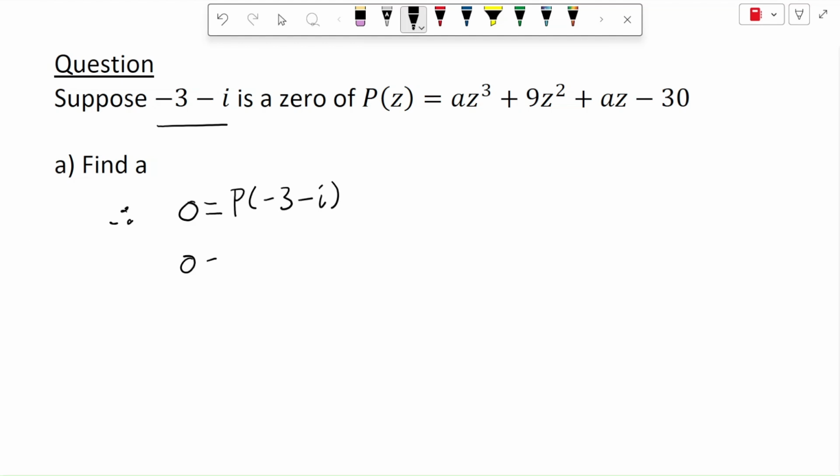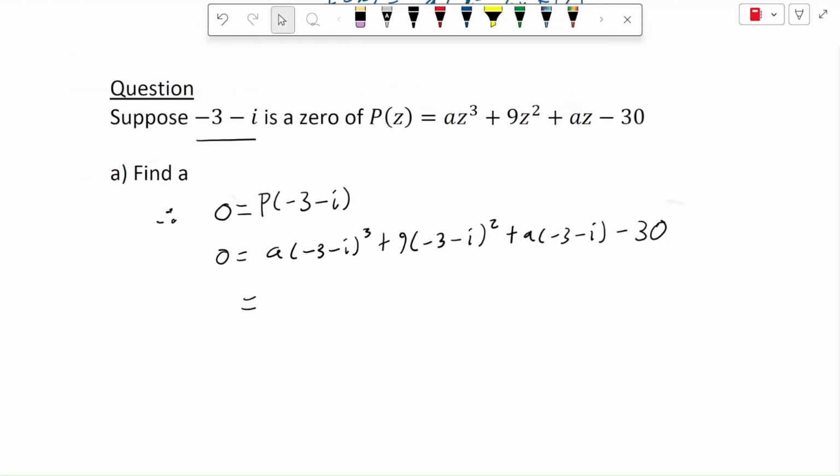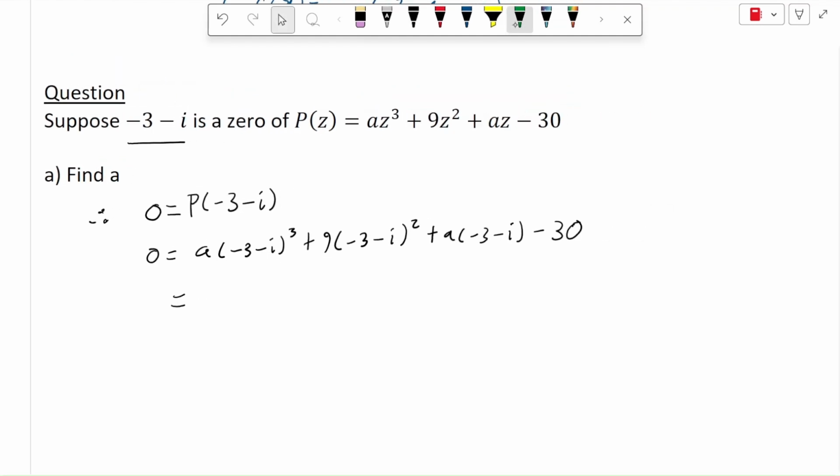Or in other words, 0 is a lots of minus 3 take i cubed plus 9 lots of minus 3 take i squared plus a lots of minus 3 take i take 30. Now, there's 2 approaches that you could take for this. You could do the whole Pascal's triangle binomial expansion for this.